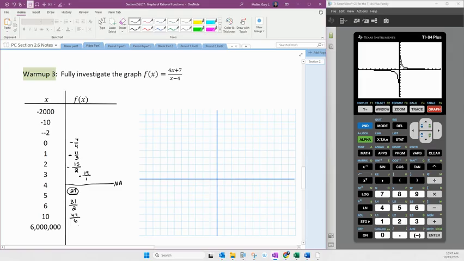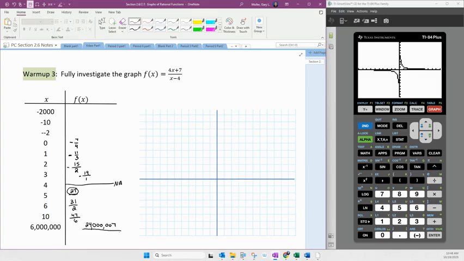What's happening? Let's just jump way ahead and go out to 6 million. So that's going to be what? 24 million plus 7? Whatever math we're about to do, 24 million and 7 is probably close enough to 24 million. But let's just do this.